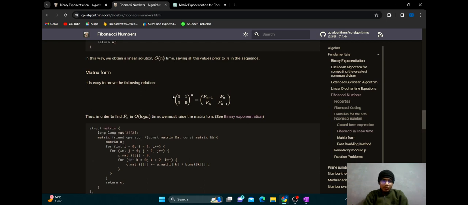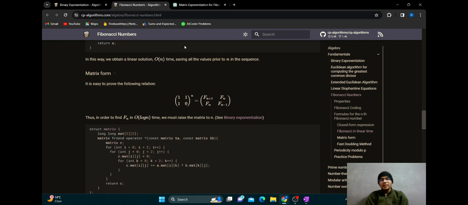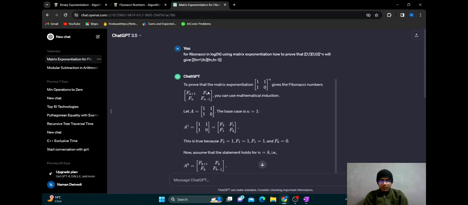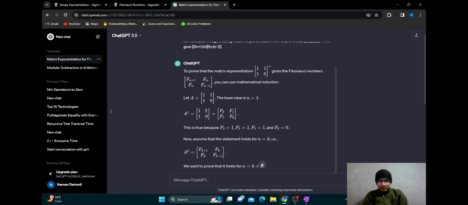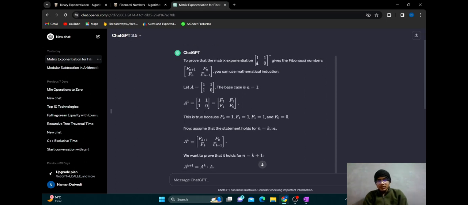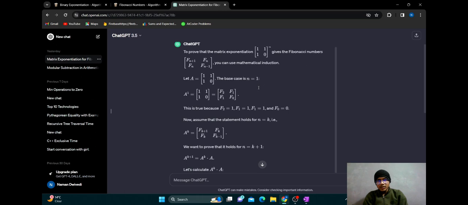So how can we prove this equation? This equation can be easily proved using mathematical induction. So let's see how we can prove it. Let's start from the base case.